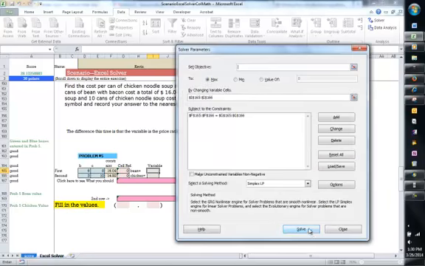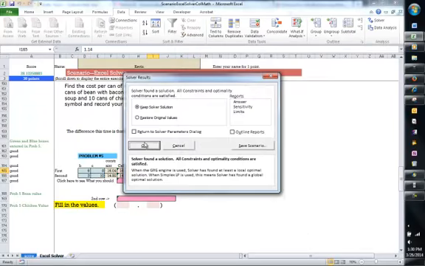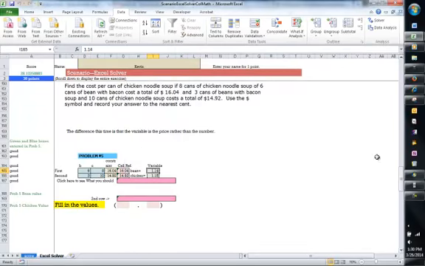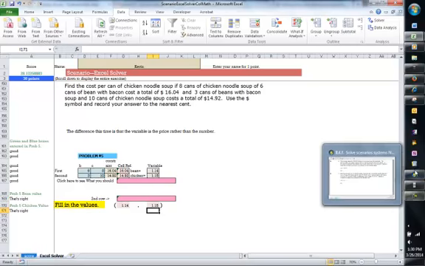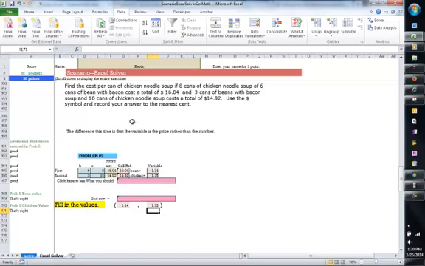And when we press solve, we get $1.14 and $1.15. And somehow we didn't get the total number of points.